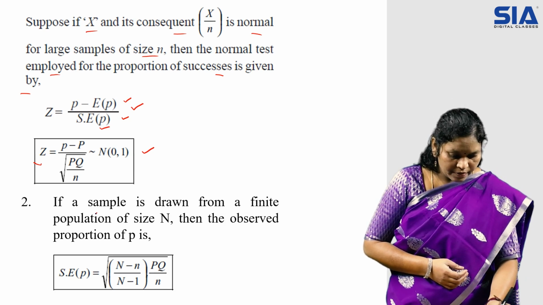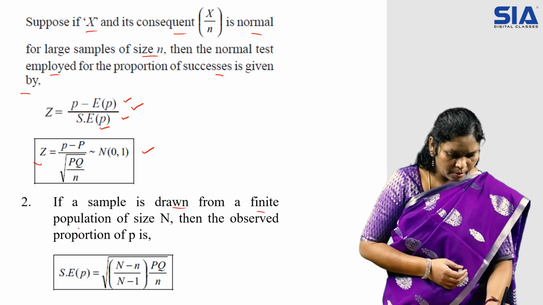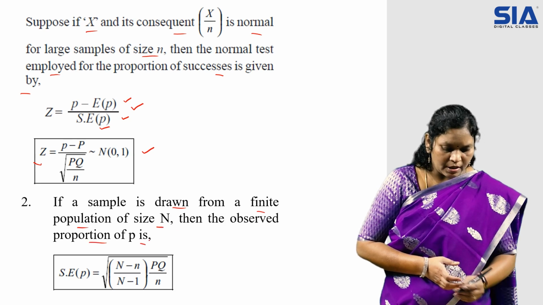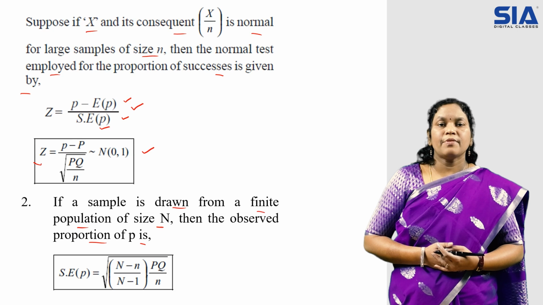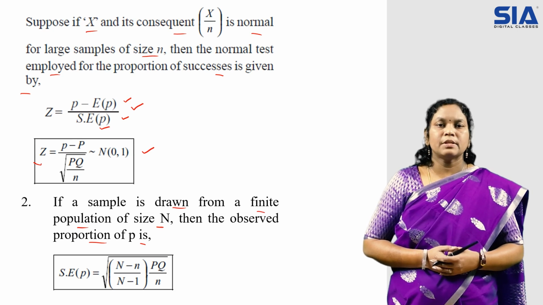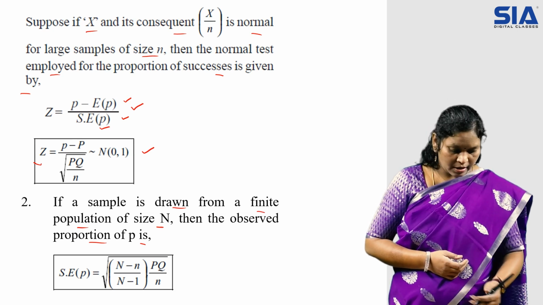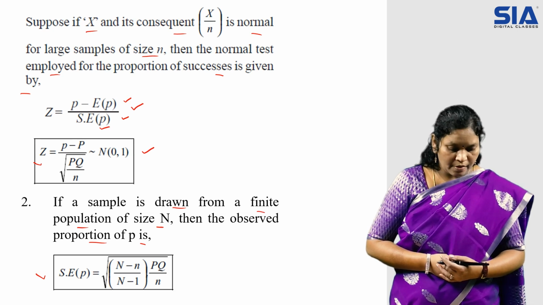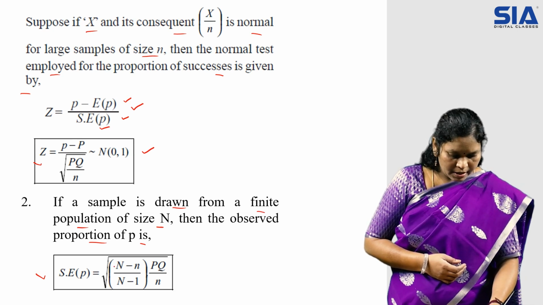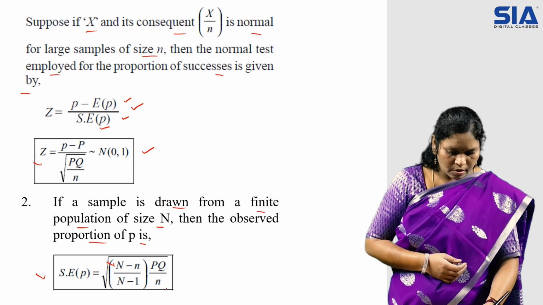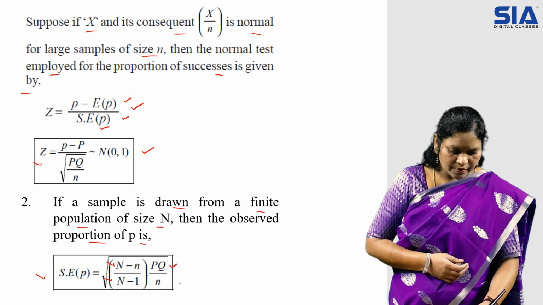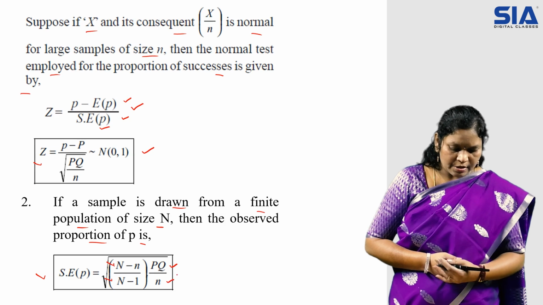If the sample is drawn from a finite population of size capital N, then our formula will change. I am writing the standard error first. The standard error of P will change to root over capital N minus small n, into PQ, divided by capital N minus 1, by n.